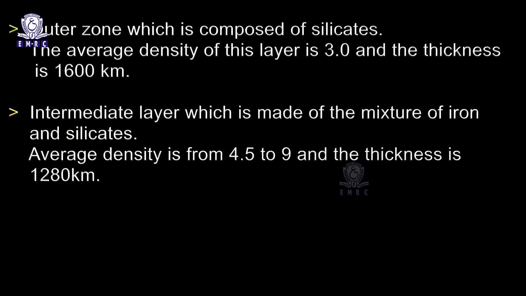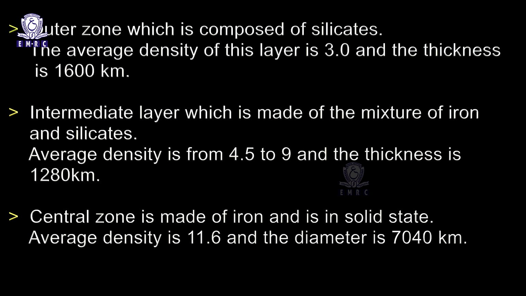Average density is from 4.5 to 9 and the thickness is 1280 kilometers. The central zone is made up of iron and is in solid state. Average density is 11.6 and the diameter is 7040 kilometers.